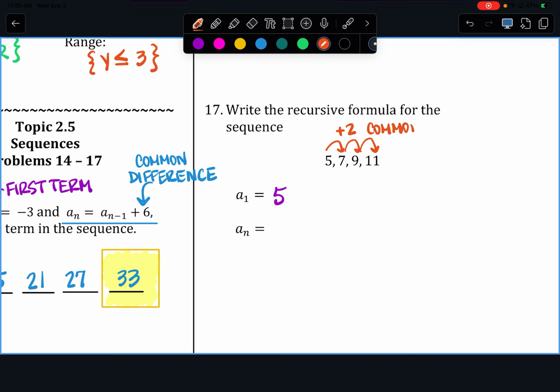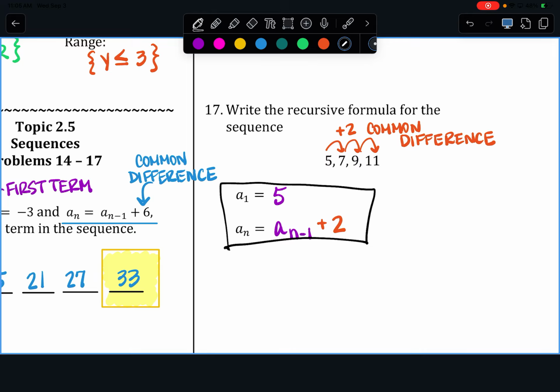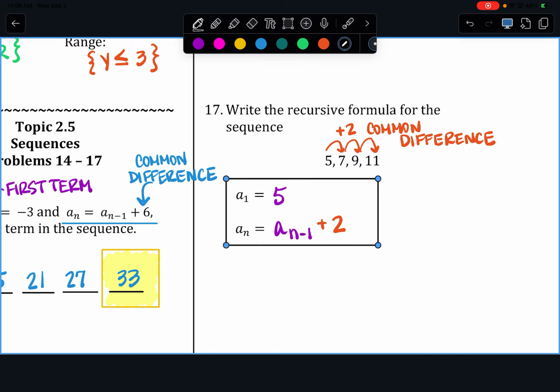So plus 2 is the common difference. Which means when we write our rule, it's going to be a sub n minus 1 and then plus 2 hanging on the end to tell the reader what the common difference is. And that's it, right? That's writing our recursive rule.